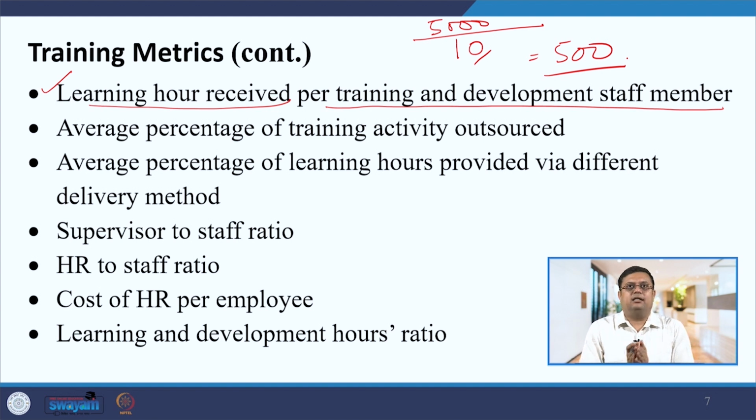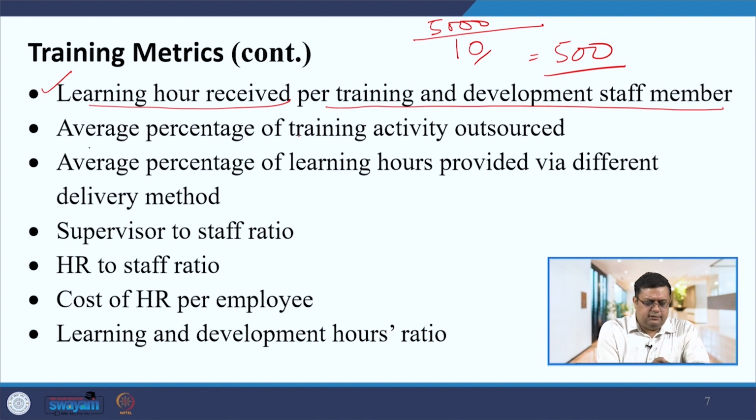So, it shows their efficiency and effectiveness within the organization. And all these metrics can be used to develop the balance scorecard also. Some of the metrics may be useful, so as per your input, you can use these metrics to develop the balance scorecard also.